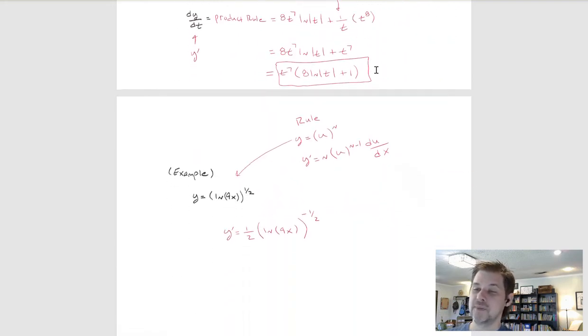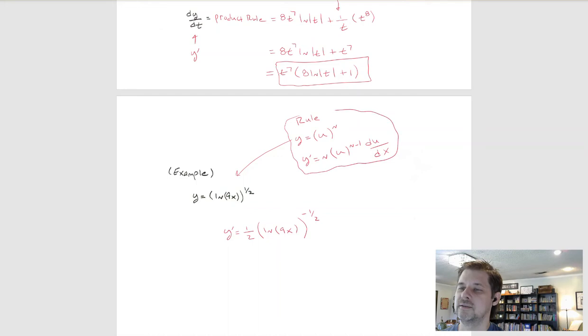Okay, so let's do this. So first I've got that as my big picture applicable rule. But then I would say, well, the derivative with respect to x of natural log of 9x, I remember what that rule said up there. It's 1 over u, and u is 9x, then times the derivative of the u.